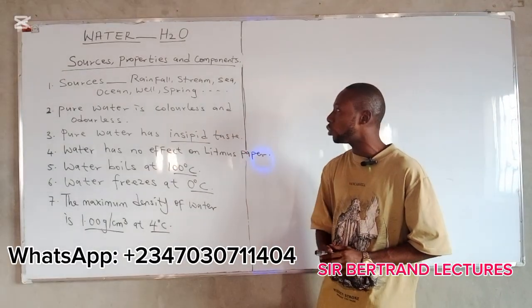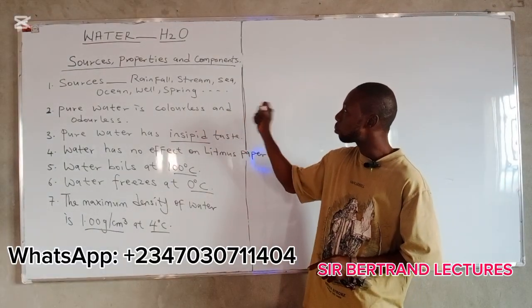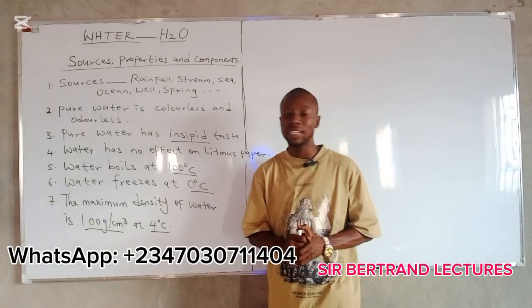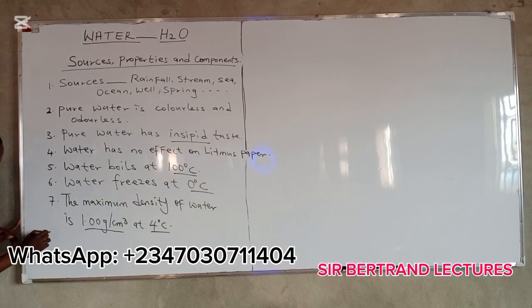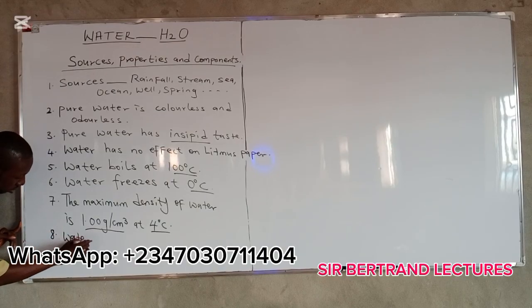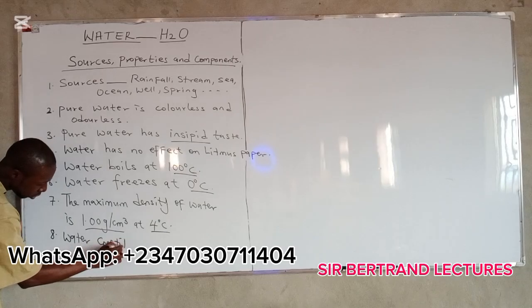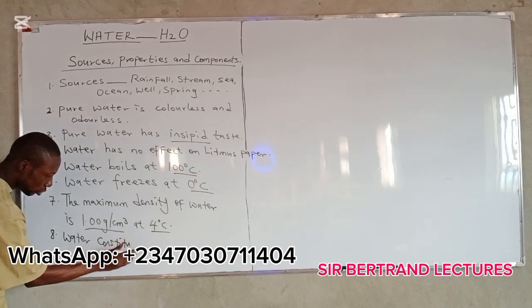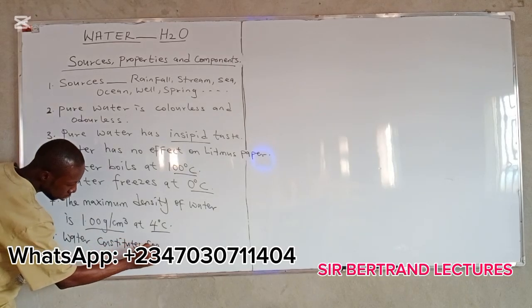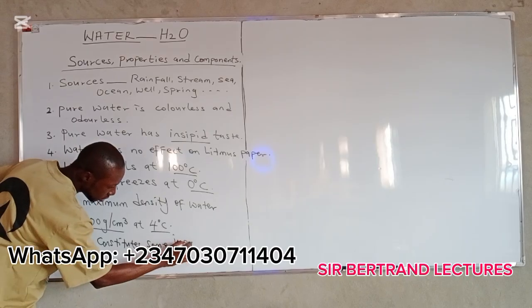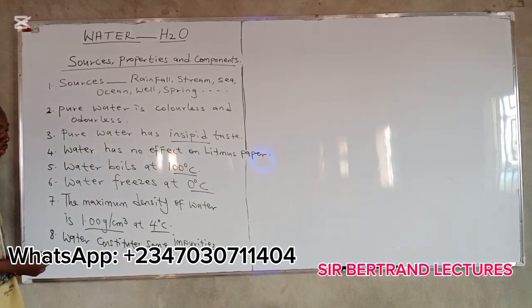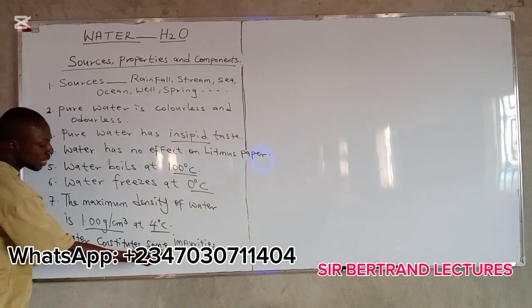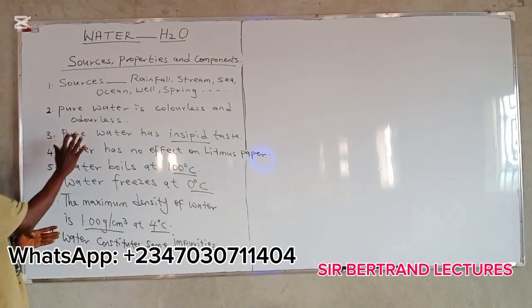This here on the board are the sources, properties, and some important components of water. All right? Number 8. Water constitutes some impurities. This water that constitutes some impurities is not pure water.